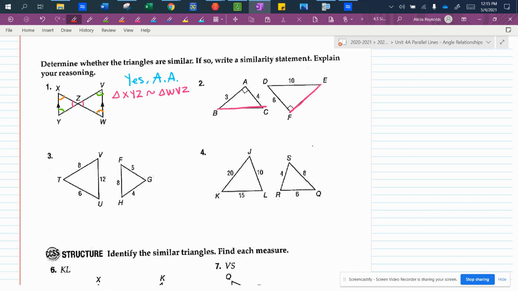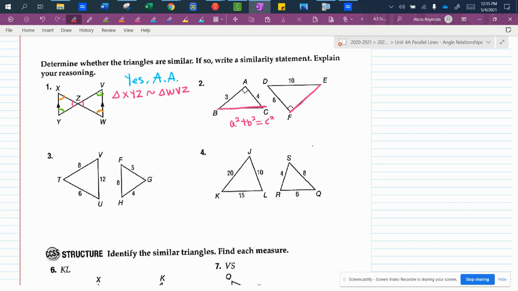So Pythagorean theorem. Who remembers Pythagorean theorem? There we go. A squared plus B squared equals C squared. So in my first triangle ABC, which side is my hypotenuse? Angle A is 90 degrees. Which side is the hypotenuse?